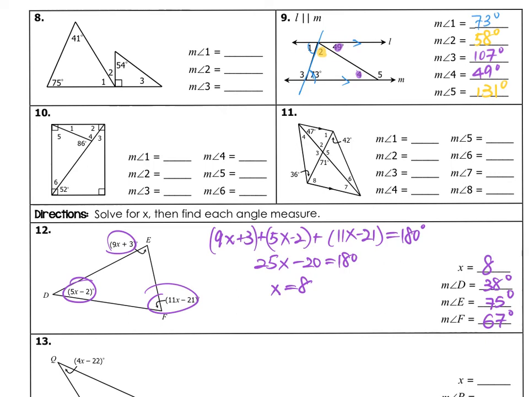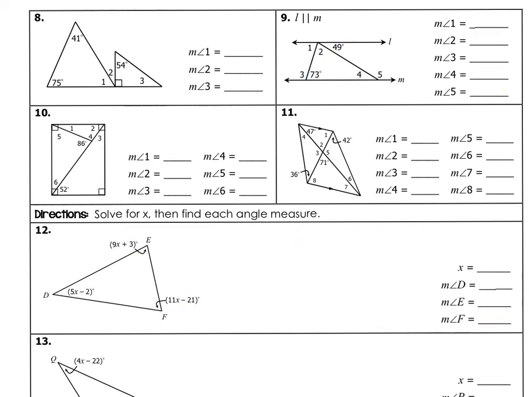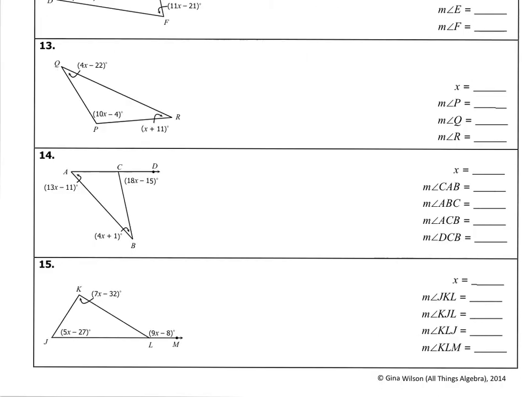Those are the tools that you can rely on, and you go back to them again and again and again. So pause the video, finish everything in there, and then let's look at number 14.